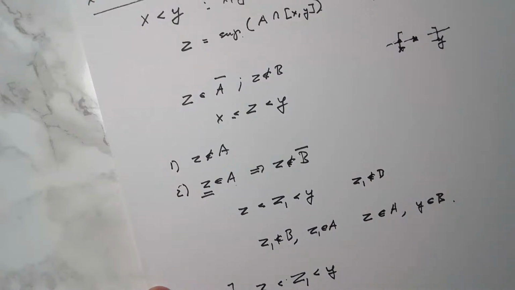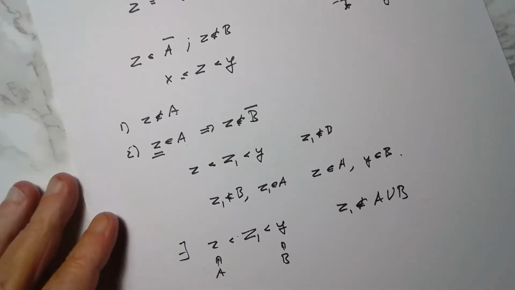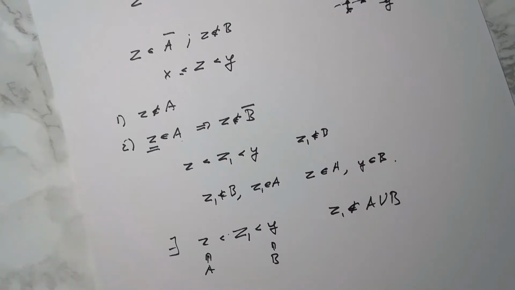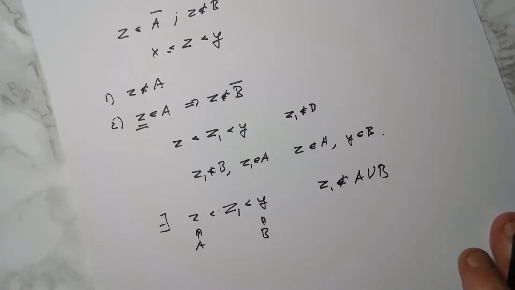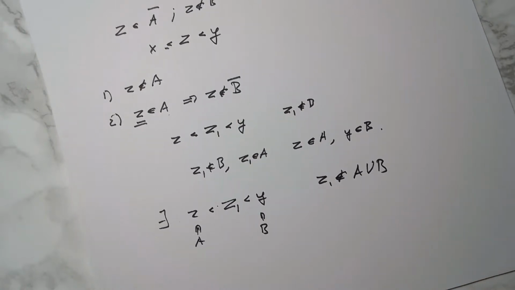So Z is a point in A, Y is a point in B, and this point Z1 is not in the union of A, B. So the second situation needs a little bit of talking through, and I hope you will listen to my lectures, and I hope you will also read the book several times, because this is kind of a weird part of a proof. It's not too difficult, it's not too hard, but this is a part of a proof.